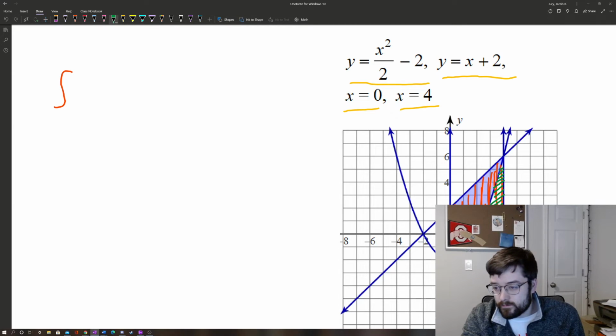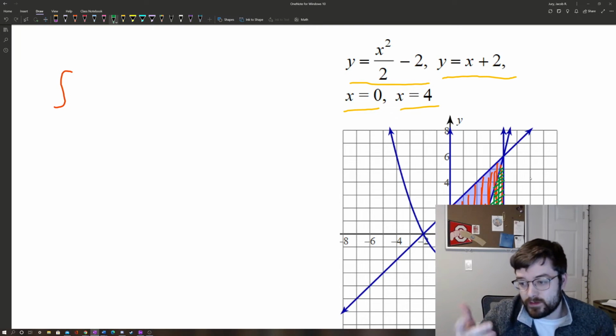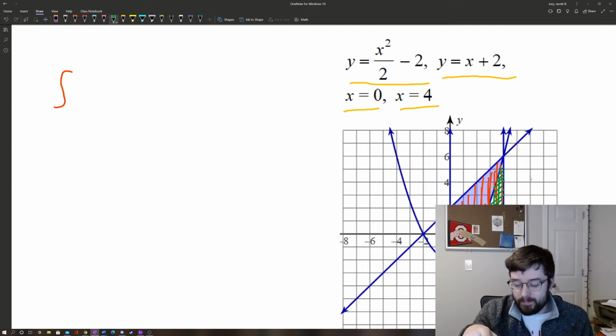There we go. So we have this crazy area between the x-axis and the parabola because it crosses that x-axis.